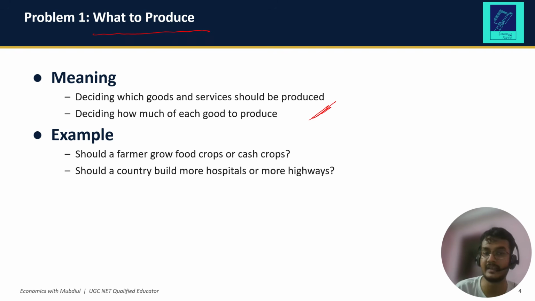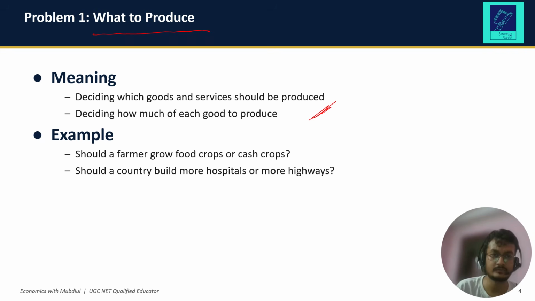Should you produce medicine or smartphones? Should you build hospitals or highways? Should the country invest in defense equipment or public transportation? Every option may be useful, but the problem is you cannot produce unlimited quantities of all of them. That's where the choice becomes necessary.